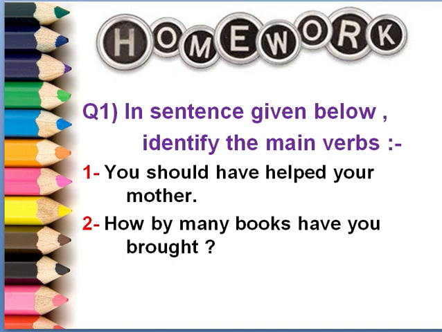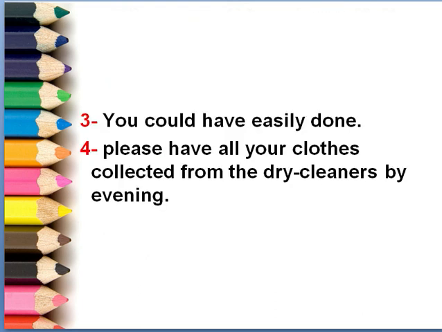Number 1, you should have helped your mother. Number 2, how many books have you brought? Number 3, you could have easily done. Number 4, please have all your clothes collected from the dry cleaners by evening.